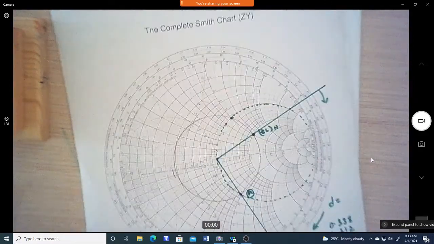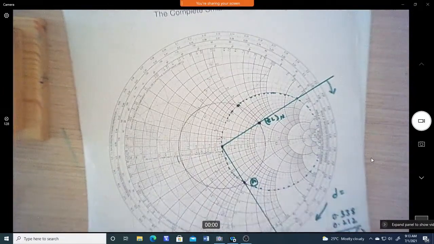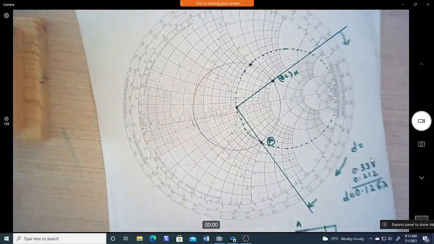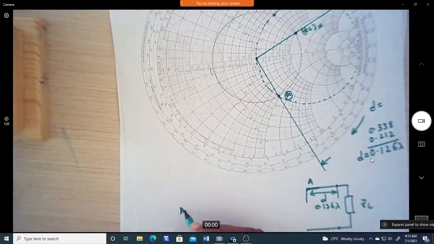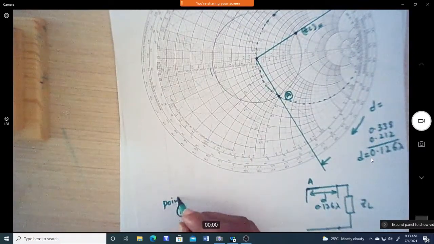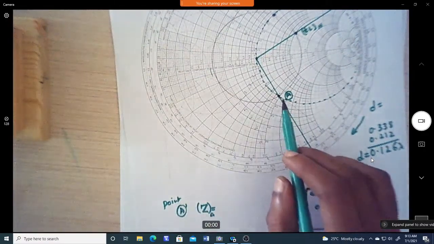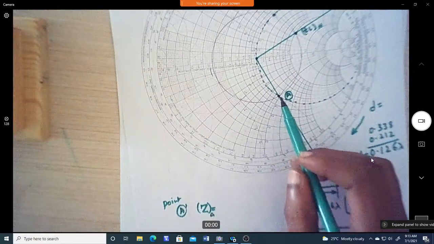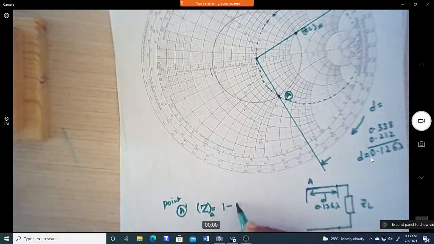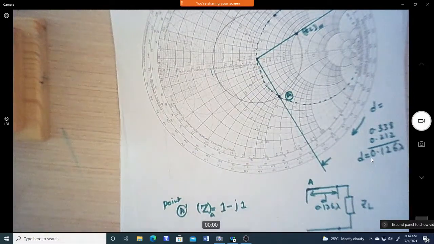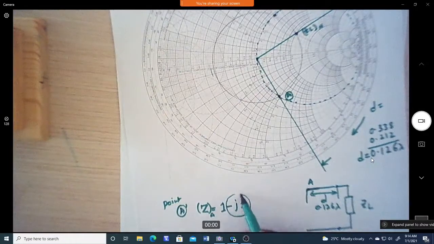So now you measure the value of the impedance here. What is the value of impedance at that point A? At point A, the normalized impedance is 1 minus J1. Okay, so we got 1 minus J1. Now we need to neutralize this reactance.